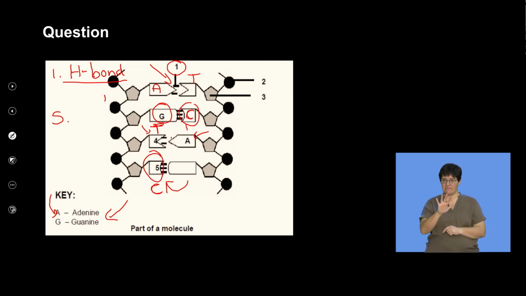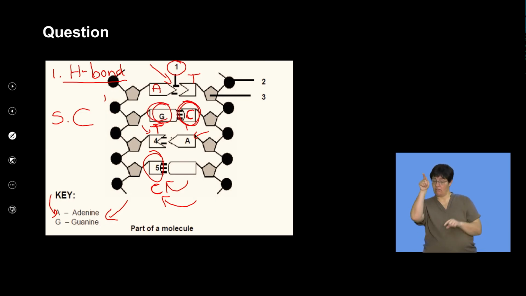Yes, number 5 is a nitrogenous base, but I think the question wants us to be very specific about the type of nitrogenous base, and using our inference that guanine and cytosine base pair, and looking at that shape, we can infer that number 5 refers to cytosine as the nitrogenous base.